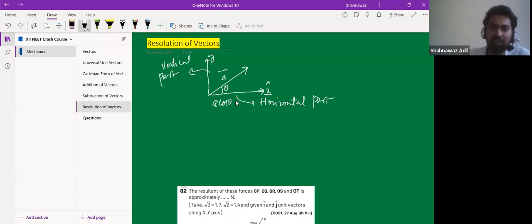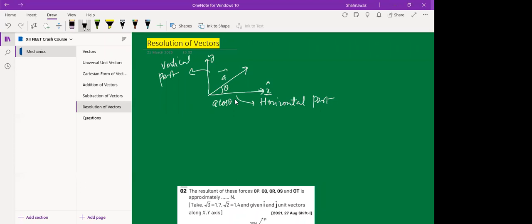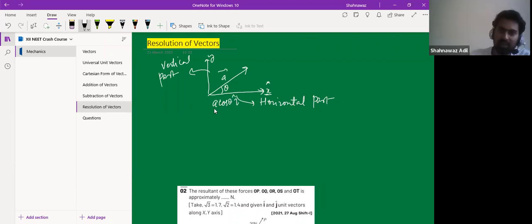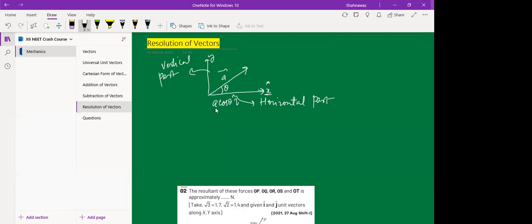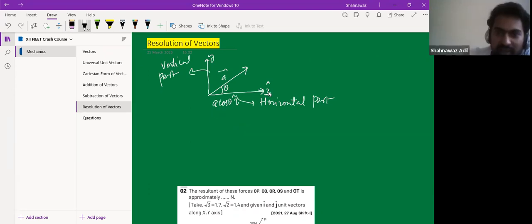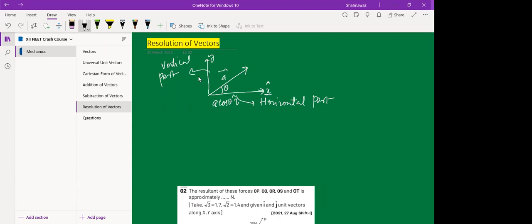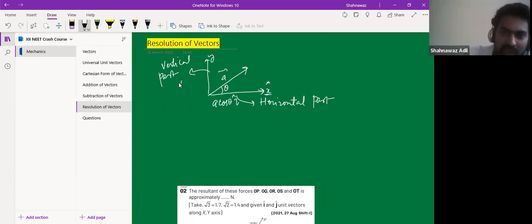I hat, it's along the x-axis. And this is the y-axis, so this is A sine theta j hat. So you can represent this vector A as A cos theta i hat plus A sine theta j hat.